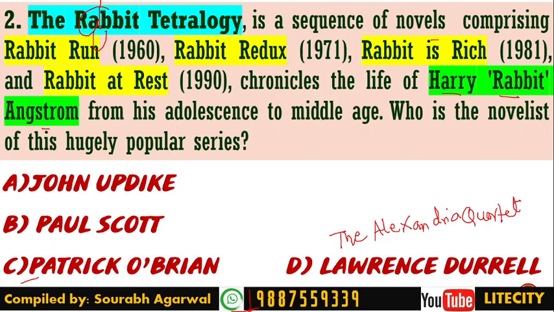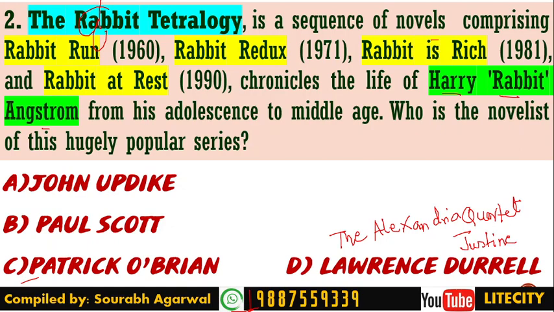In this, the first 3 books present 3 perspectives on a single set of events, and the characters are in Alexandria, Egypt, before and during the Second World War. And the 4th book is set 6 years later.